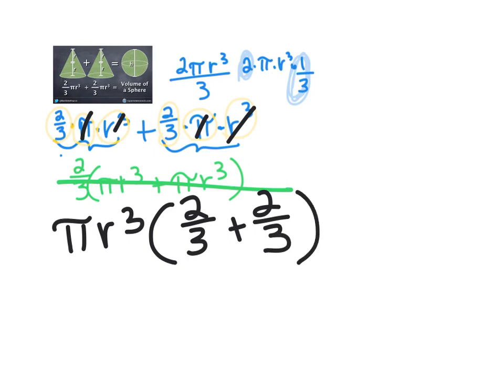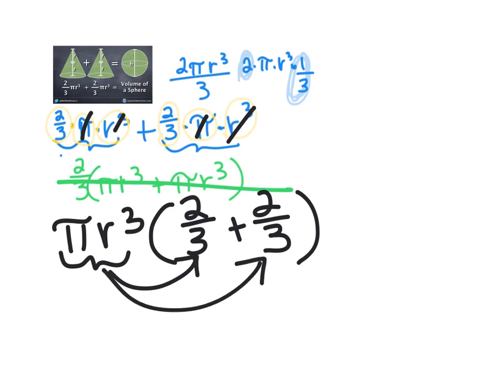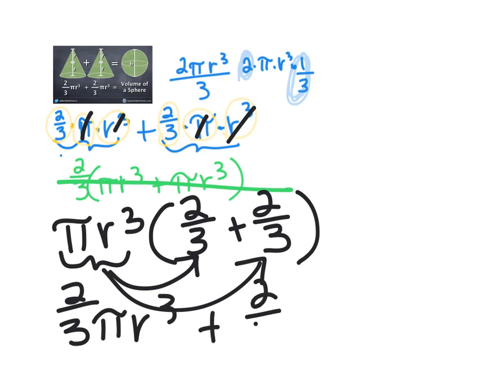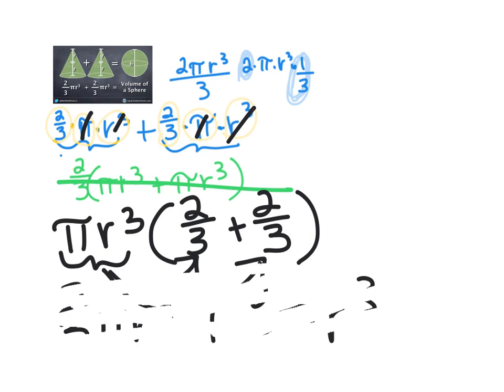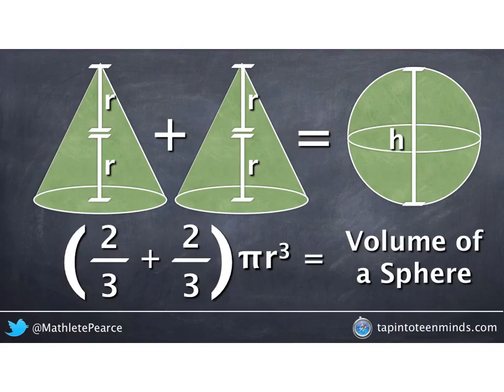Keep in mind, if I distribute this monomial to each of those 2/3, I'm going to have 2/3 pi r cubed plus 2/3 pi r cubed, back where I was before. But I'm trying to find some way that I can simplify this equation, 2/3 pi r cubed plus itself.